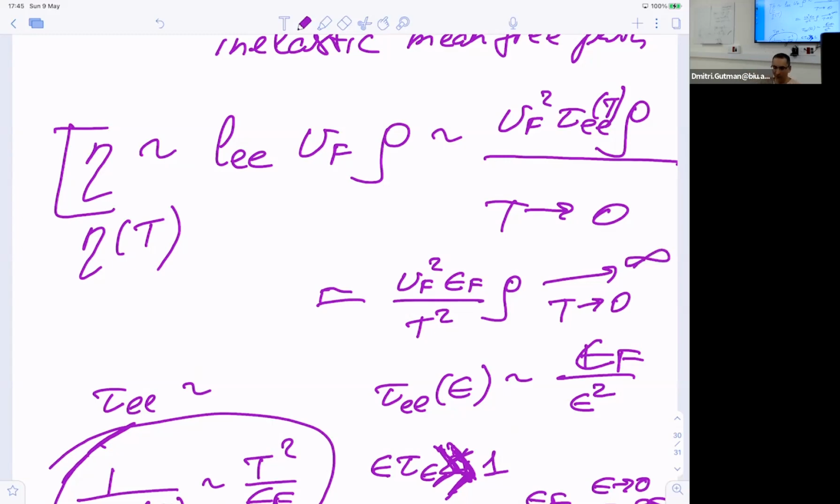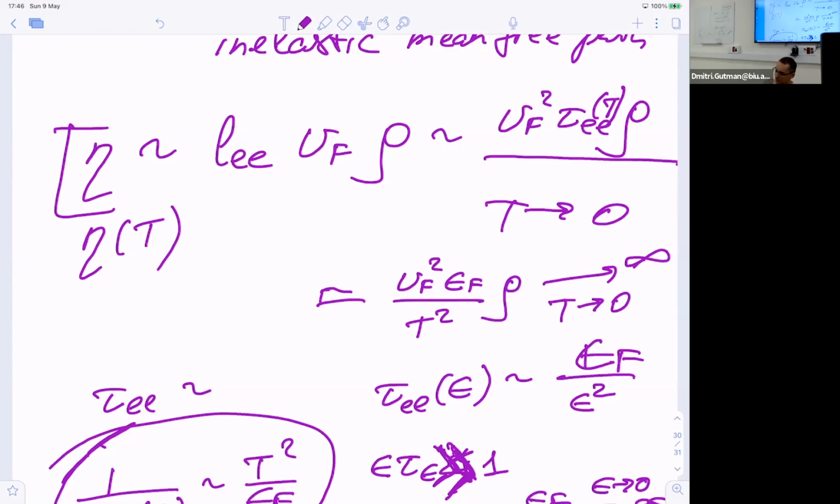So a system of electrons has infinite viscosity as temperature approaches 0. It is a way more viscous system than honey. That's actually a typical thing about these quantum fluids.